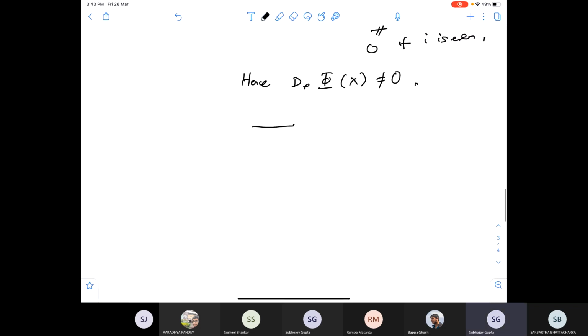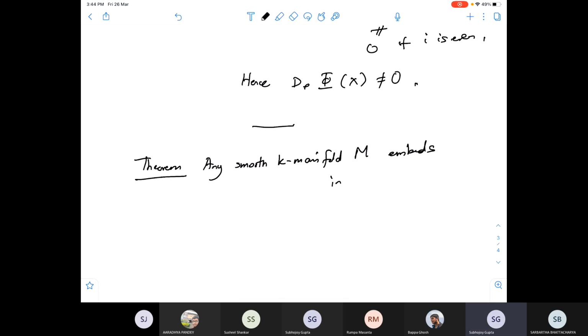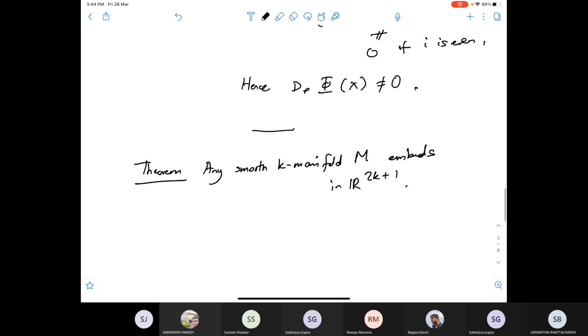Let's now prove what we were after. Now we can prove the statement about embedding: any smooth k-manifold embeds in R to the 2k plus 1.